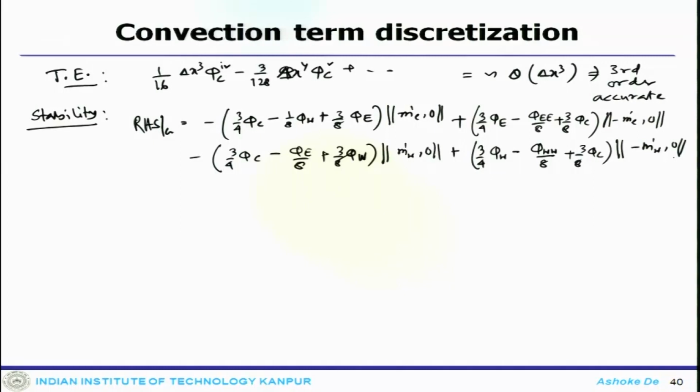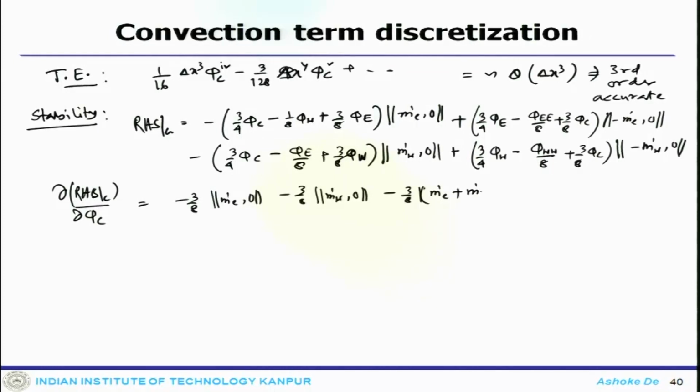So, to get the stability limit check, you take this right hand side term with respect to del phi c, which will turn out to be 3/8 m dot e minus 3/8 m dot w minus 3/8 m dot e plus m dot w.